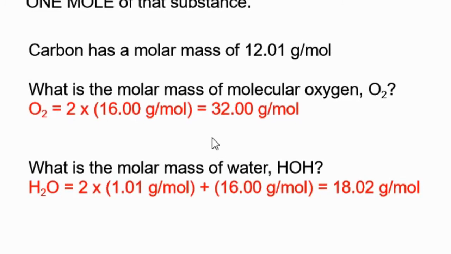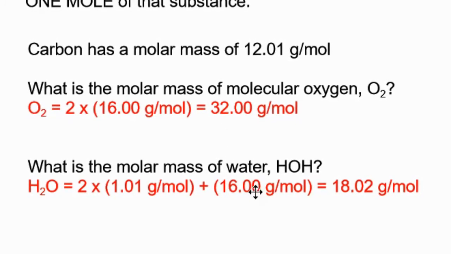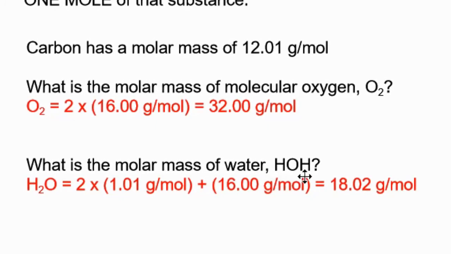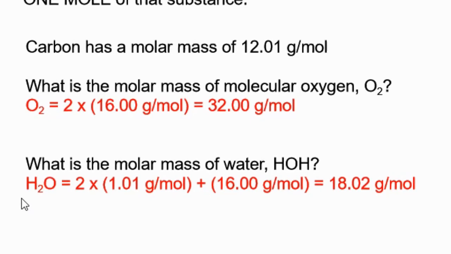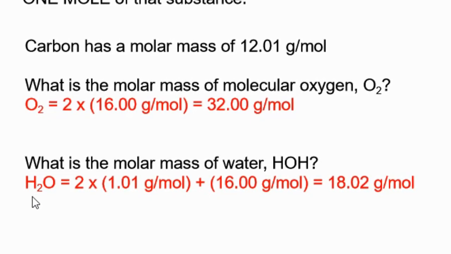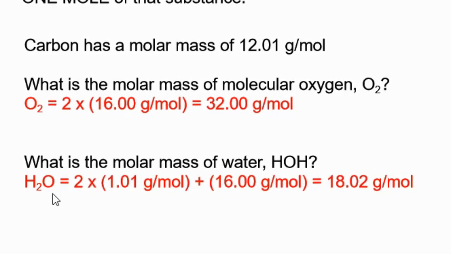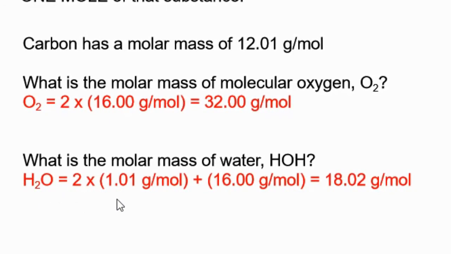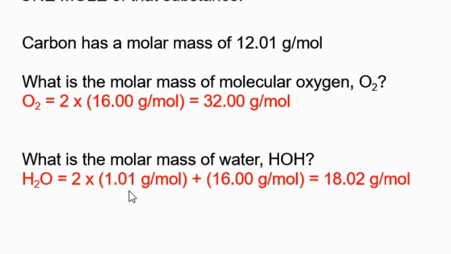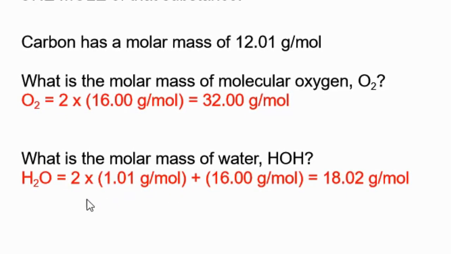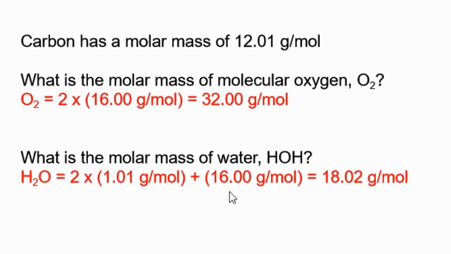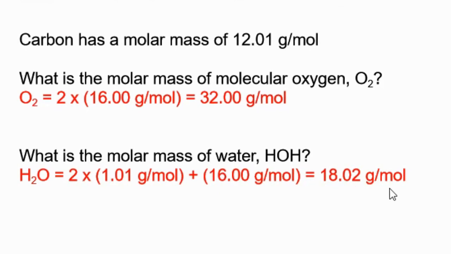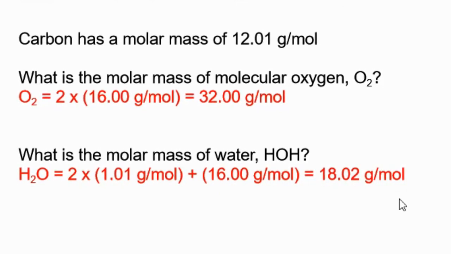If we were to figure out the molar mass of water, we would write the formula out for water first, H2O or HOH. There are 2 atoms of hydrogen and 1 atom of oxygen in the molecule. Looking at the periodic table, we find that the molar mass of hydrogen is 1.01 grams per mole. Multiply that by 2 and add that to 16 grams per mole. This gives a total of 18.02 grams per mole. That is the molar mass of water.